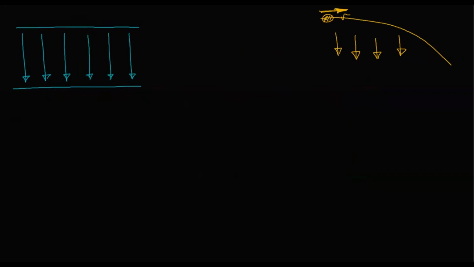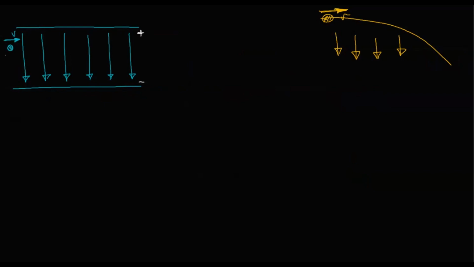Pretty much, if I have electric plates such that the field lines are pointing downwards, and I project a charge within this electric field with a particular velocity v, then if the electric field lines are like that, you should understand this is going to be the positive plate and this is going to be the negative plate, because electric field lines always generate from the positive charge and end up in the negative charge.